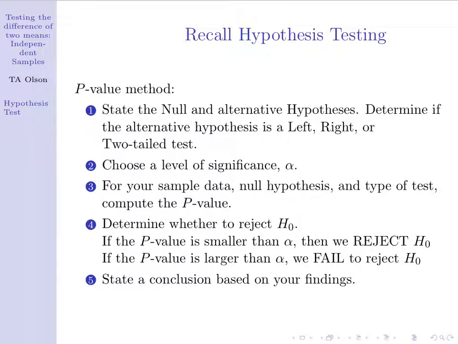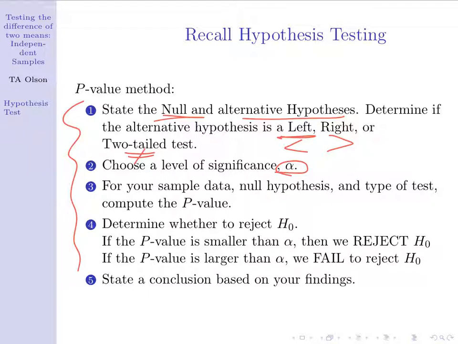So let's rush through a little memory of our hypothesis test. We're going to have null and alternative hypotheses, and it's either going to be a left, right, or two-tailed test. We're going to have some significance level alpha that will determine where our reject and fail regions are.